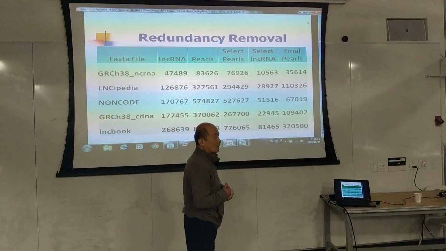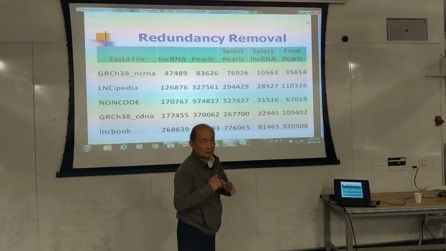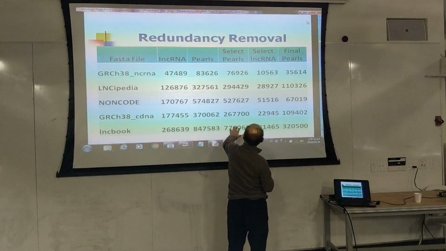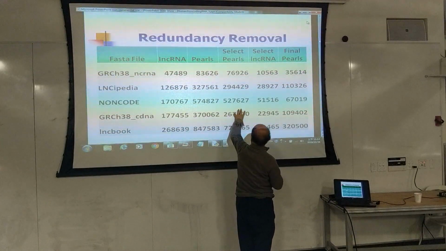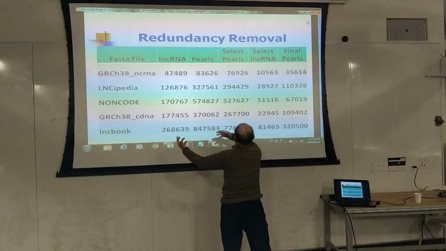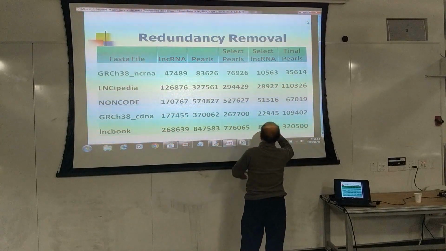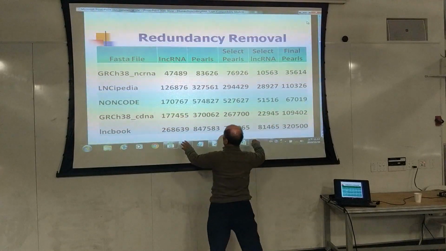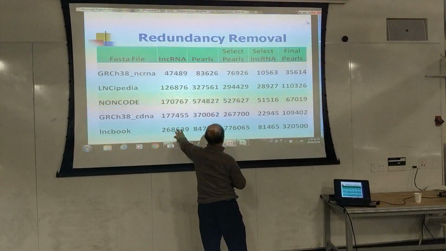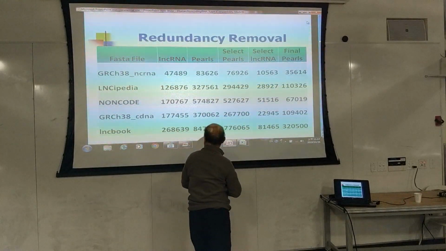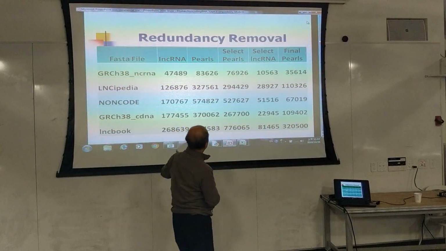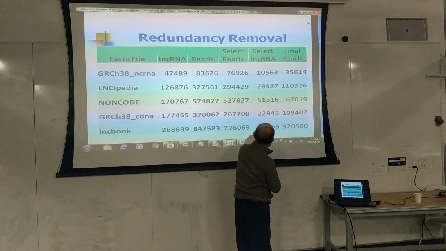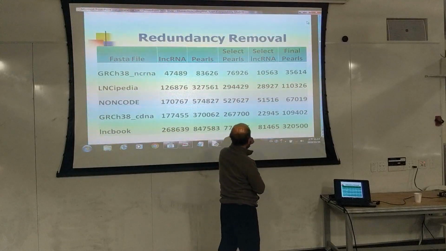Okay, and you can see lots are removed, and then these pairs are backtracked into the data file. Initially we have 268,000 RNA, and once you remove the redundancy, there's only 81,000 remaining, and then this number of pairs resulted from that.